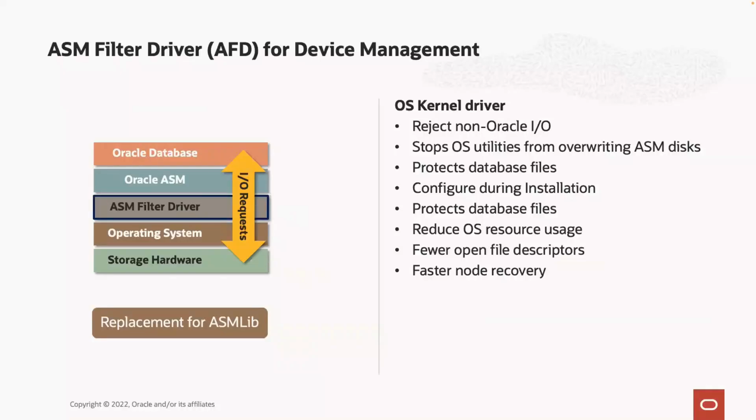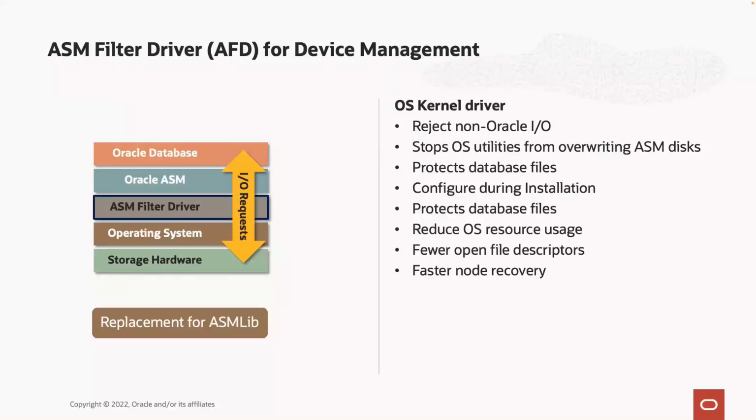The important part is the filter driver attempts to filter out any non-Oracle IO. So if you do a DD to an ASM device manually, we will try to silently ignore that IO. Remember, this is there to reduce the chances of customers overwriting their ASM devices, because this came up a lot, where customers say, hey, my sysadmin did a DD to the header of the ASM, and now my ASM disk group cannot mount.